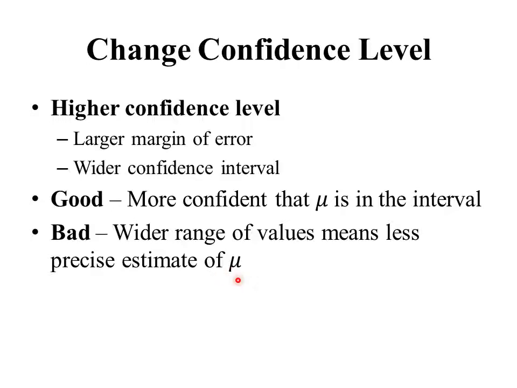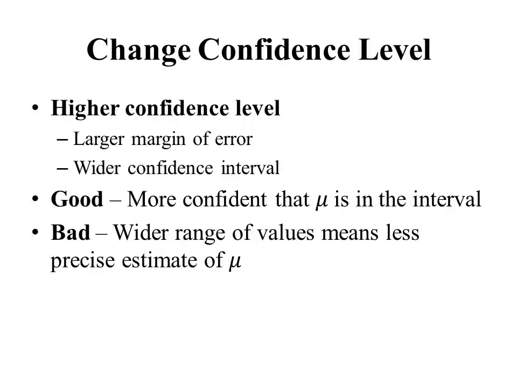We could, for instance, give a confidence interval by saying, well, we think that mu is somewhere between 0 and infinity. Well, that would be a 100% confidence interval because we'd be 100% confident that mu is somewhere between 0 and infinity. But that confidence interval is completely useless. It gives us no information about what mu is.